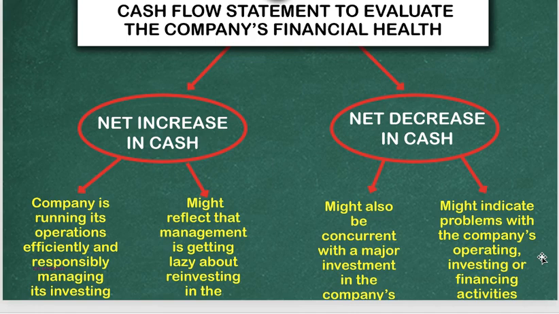So how you comment on that? Net increase, you say the company is running its operation efficiently and responsible in managing its investing, meaning that the company is efficient in managing its asset.